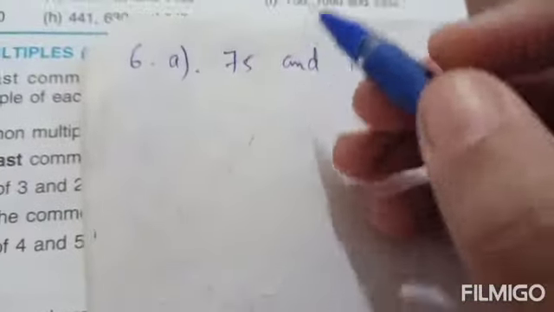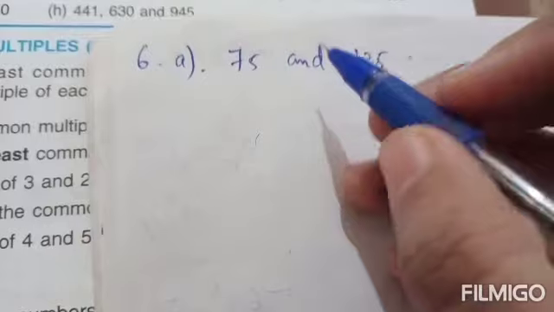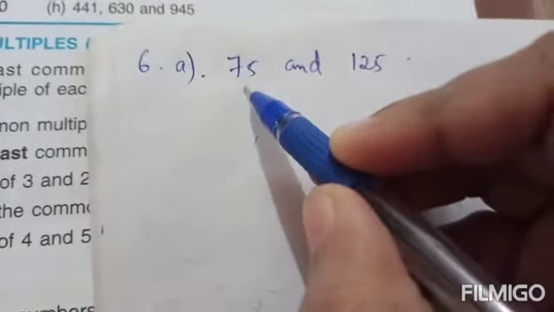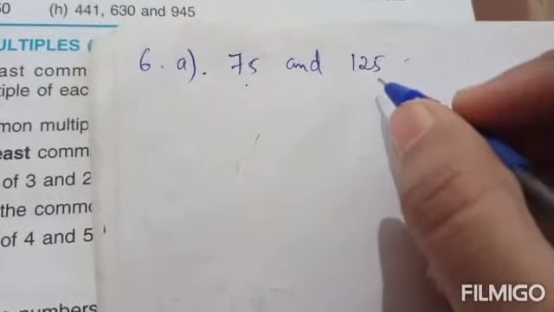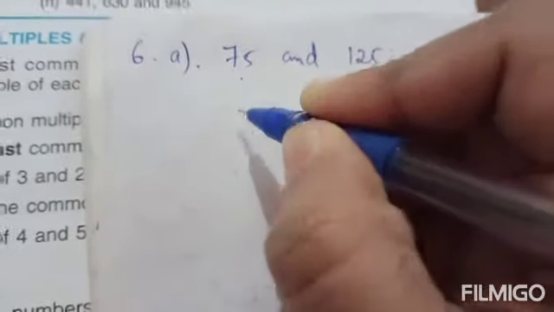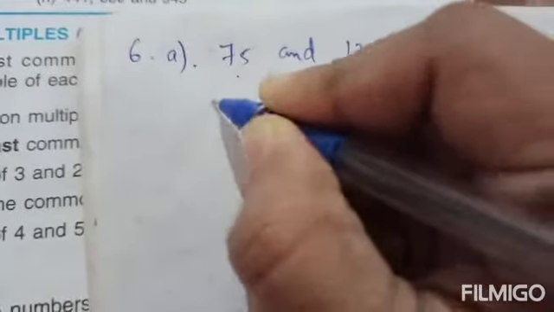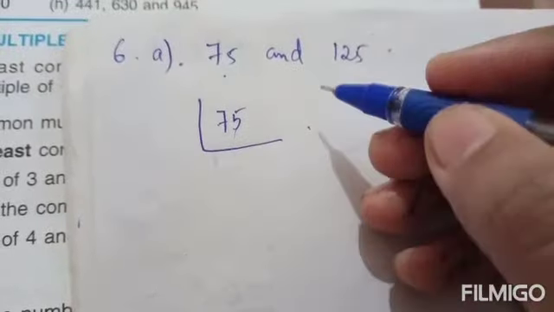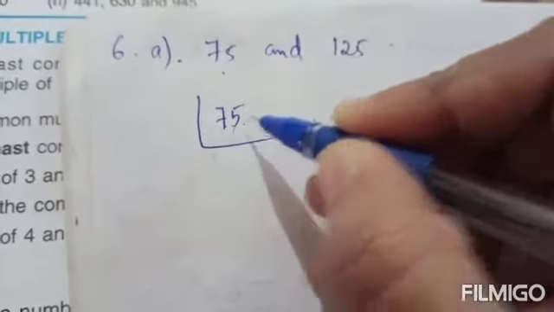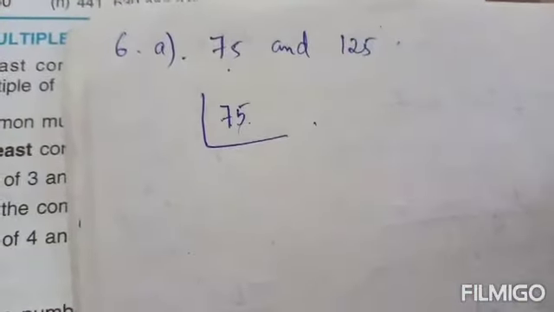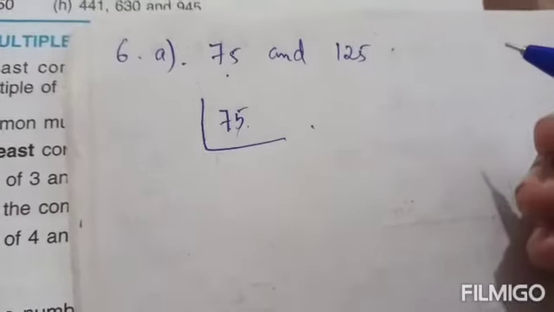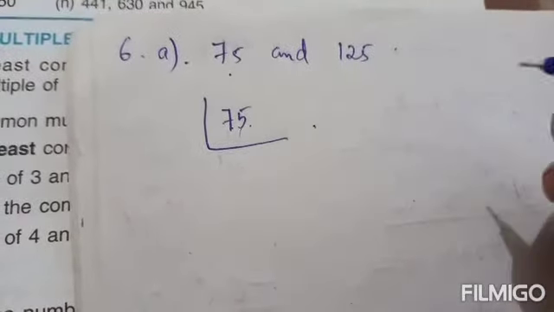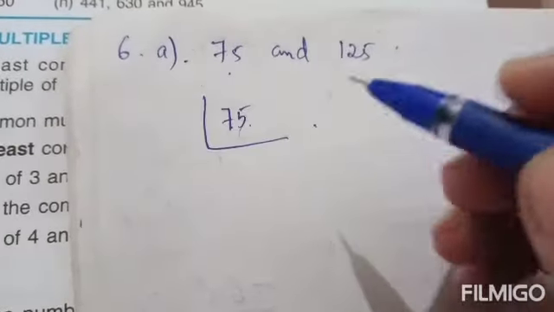While doing prime factor method, we need to do the prime factorization of 75 and also the prime factorization of 125. You have studied how to do the prime factorization of a number. Okay. So, 75. Use prime numbers only for dividing. While doing prime factorization, use only prime numbers for dividing a number.